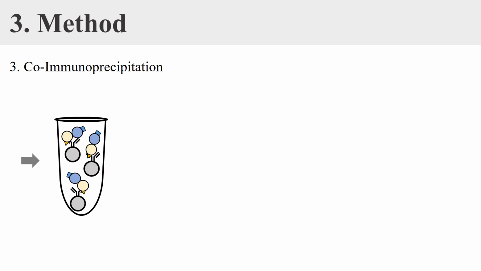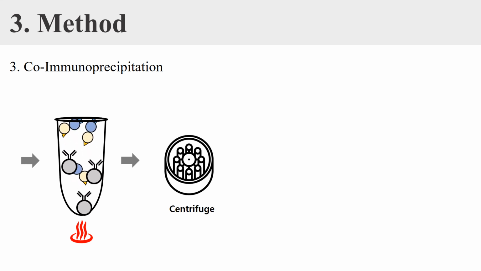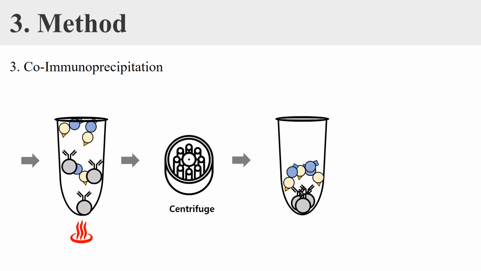After that, only the protein bound to the bead remains in the E-tube, and it undergoes an elution process that drops the binding of protein to the bead at high temperature, about 65 degrees. Then centrifuge to settle down, and after leaving only the bead, the protein is analyzed through Western blot.